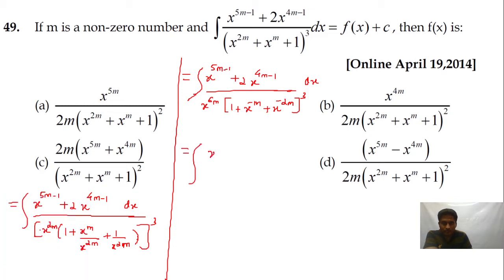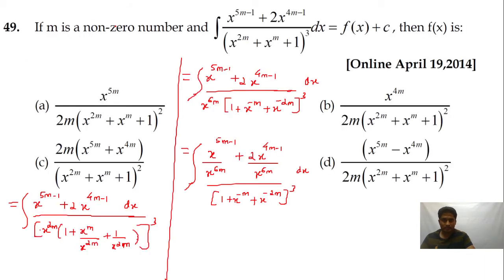Integration of x to the power of 5m minus 1 plus 2 into x to the power of 4m minus 1 upon x to the power of 6m, and then whole divided by 1 plus x to the power of minus m plus x to the power of minus 2m, and then this is whole cube dx.